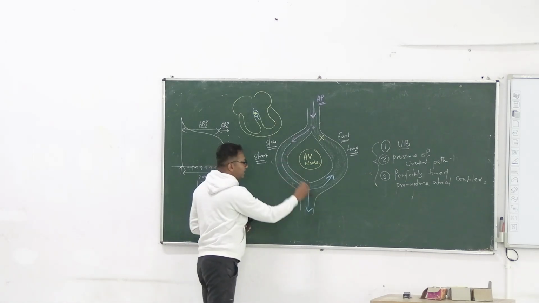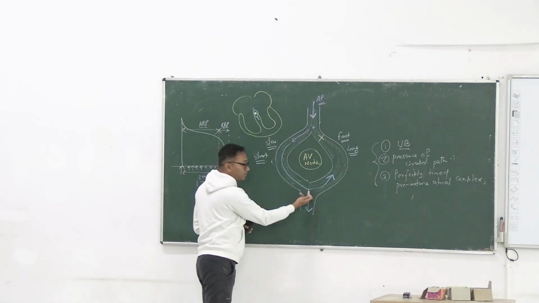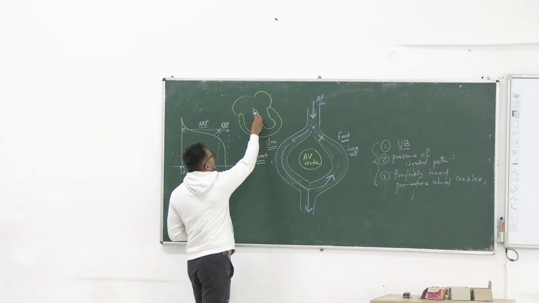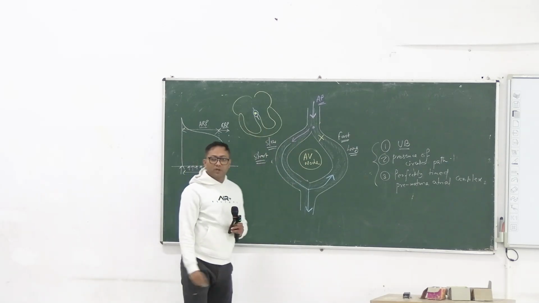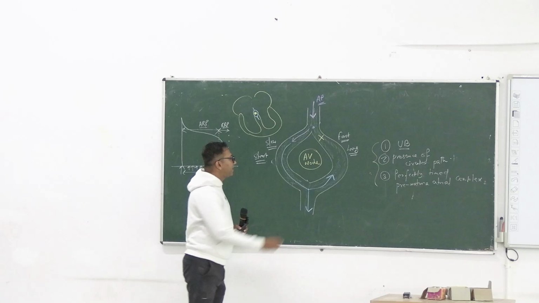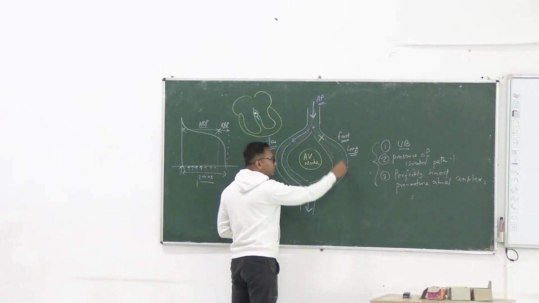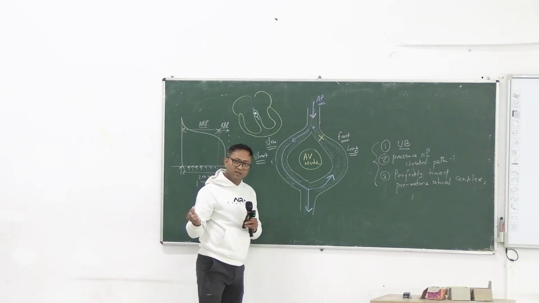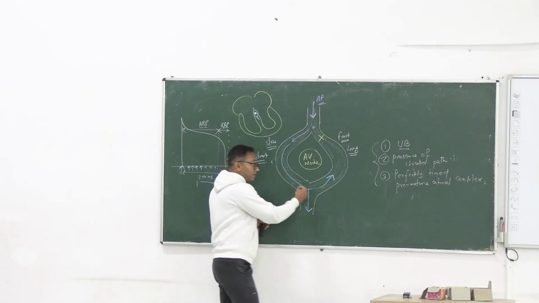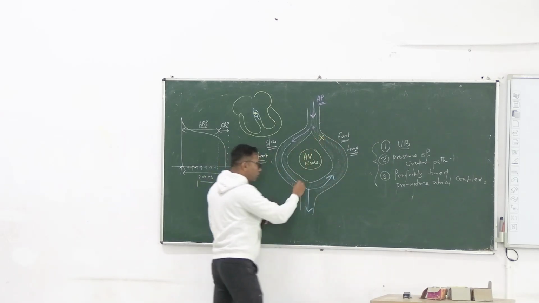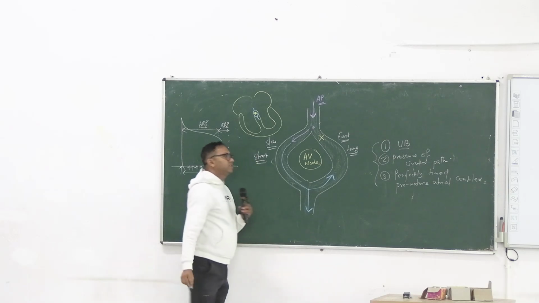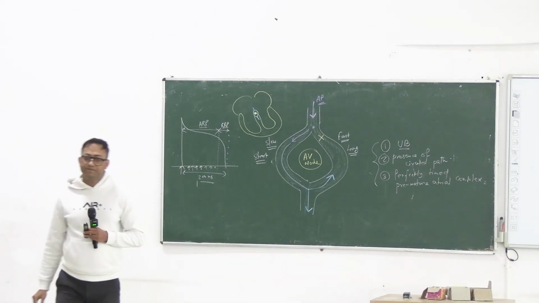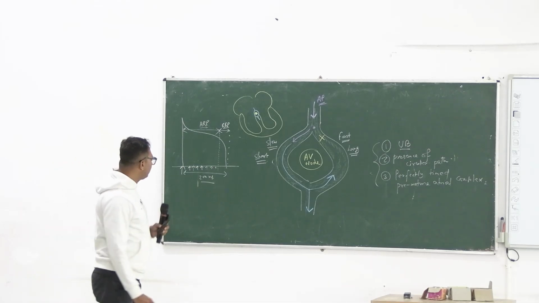Now once it reaches the upper part of the bundle of His or lower part of the AV node, it finds the refractoriness of the fast pathway is already gone, and it is ready to accept another action potential. So the action potential travels back through the fast pathway and also travels through the bundle of His towards the ventricle. Clear, everyone? Okay. So what will happen?